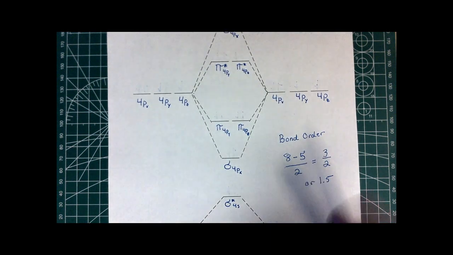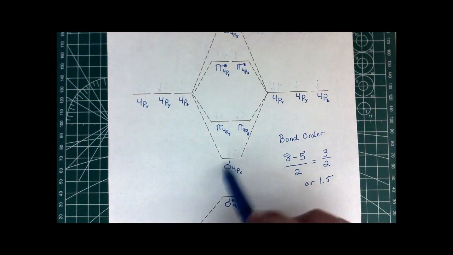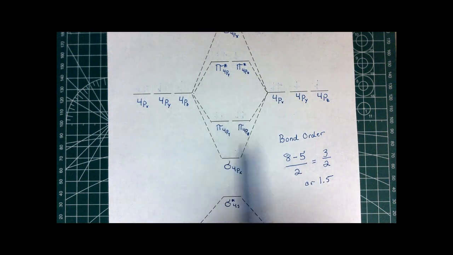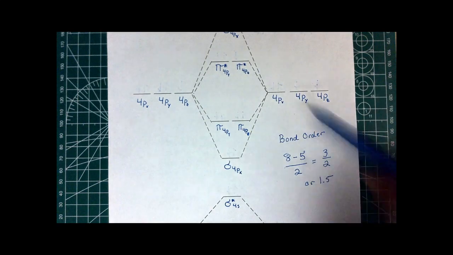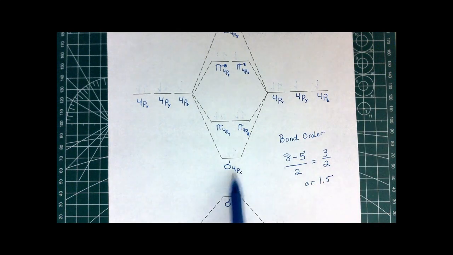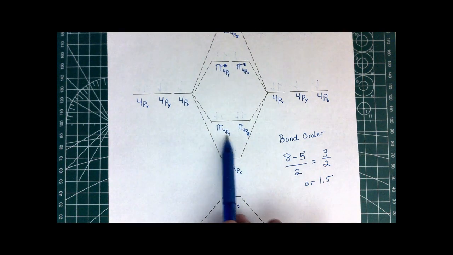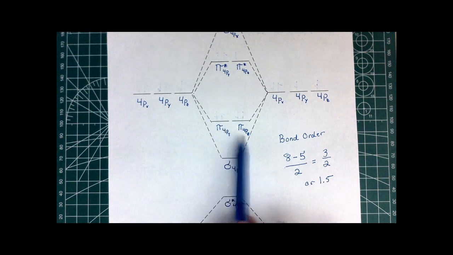Then they start forming, and we start down here. Remember that all the ones that are lower in energy than our atomic orbitals are going to be bonding orbitals. So we start off with our sigma 4px molecular orbital, then the 4py pi orbital, or 4pz pi orbital there.